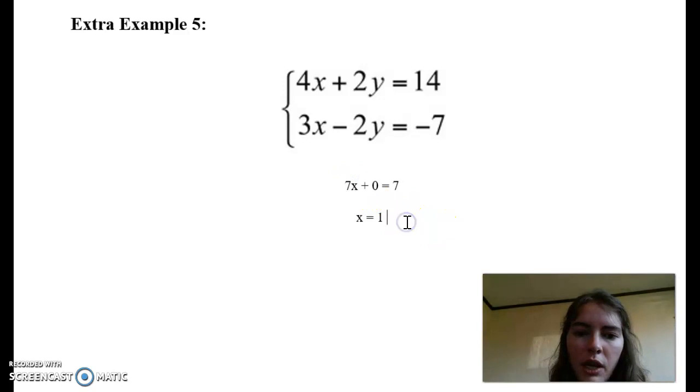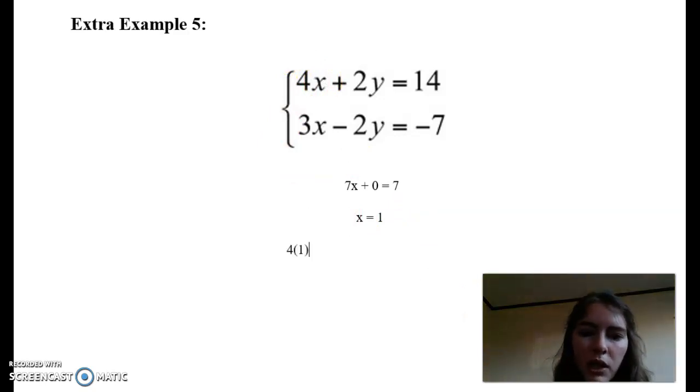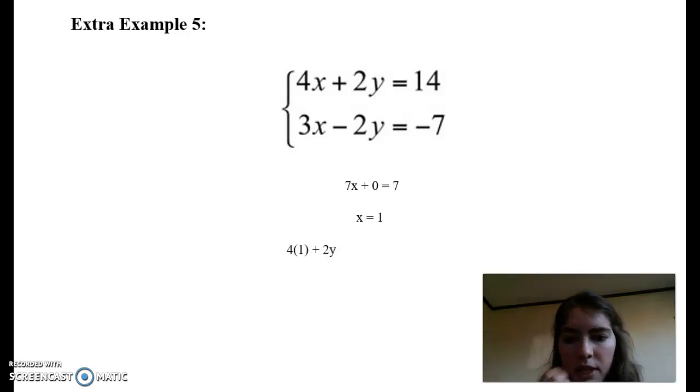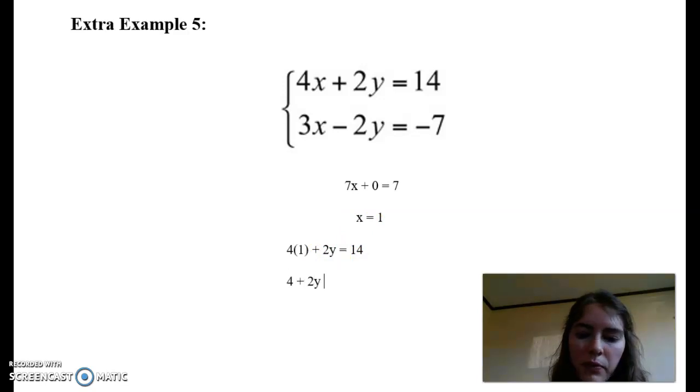Okay, and now we're going to take that, put it back in just like we did with the other one, and we have 4 times 1 plus 2y. This time you want to keep the y because we want to solve for y. We already know x. Now we want to find y. And now we have 4 plus 2y equals 14.